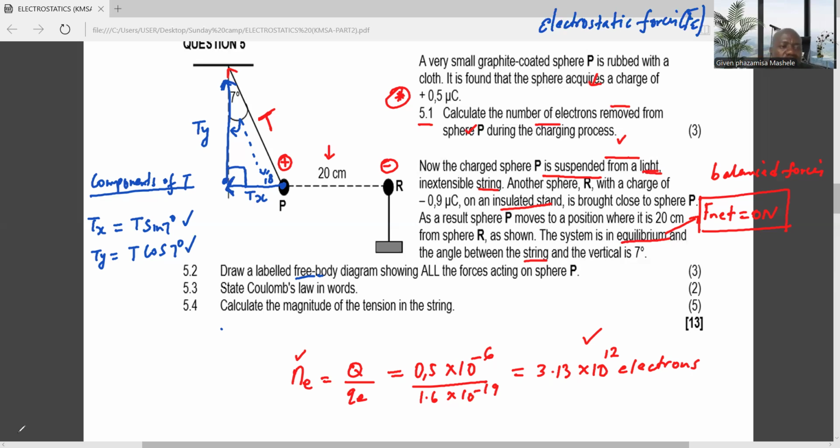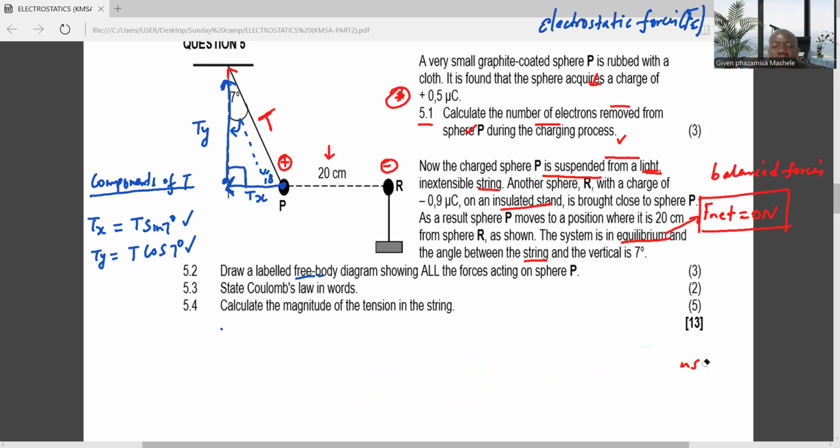And another force would be this. Remember, between charge P and charge R, these two charges are unlike charges, which means they will have an attractive force between them. And since they have an attractive force, the electrostatic force between the two point charges will also be represented when we draw a free body diagram.